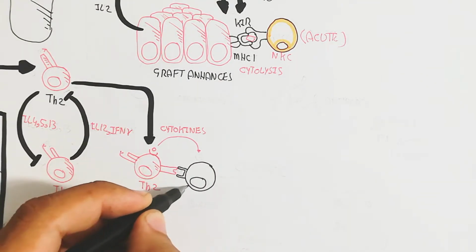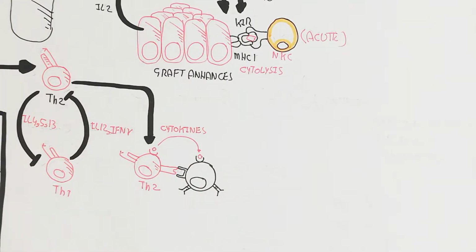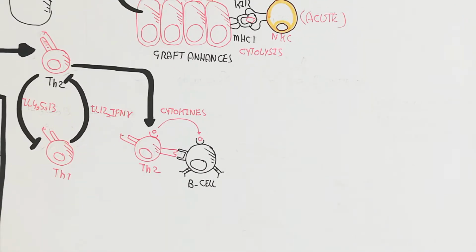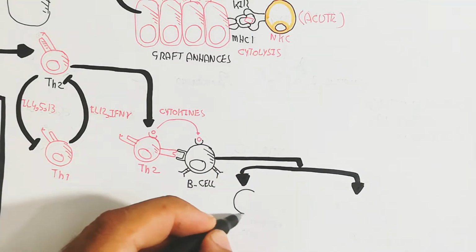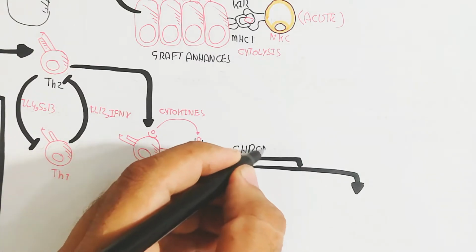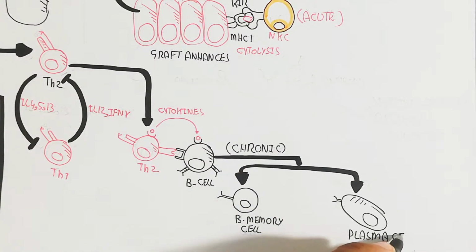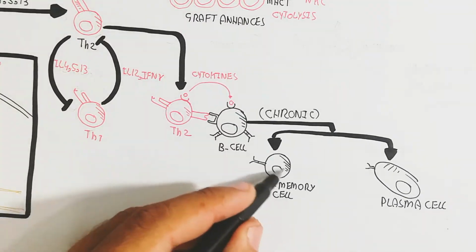In this way the cytokines are produced, and the antigen is recognized through a B cell via an antigen presenting cell. Cytokines also bind with the Fc receptor and cytokine receptor, and this is the chronic phase, meaning again and again, and it produces B memory cells and plasma cells.